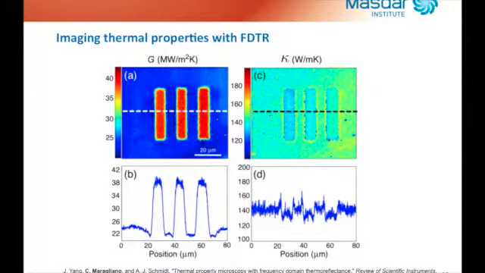In this case, to the left we have interface conductance, and to the right thermal conductivity, and we obtain very good matching with results of measurements reported in literature and obtained with other techniques.